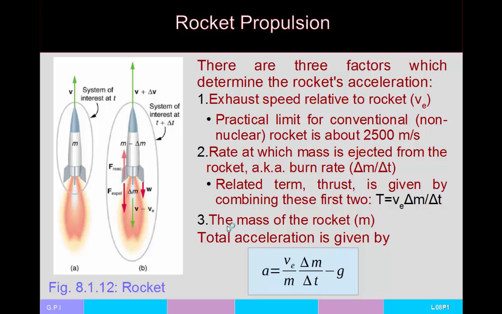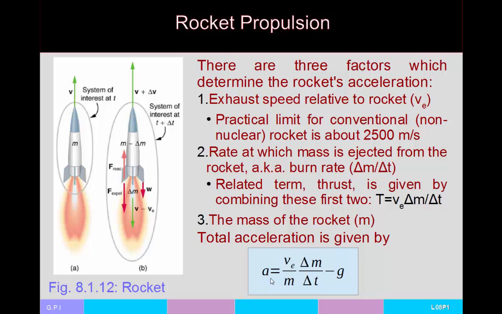And then the last thing that has some effect is the total mass of the rocket. The total mass of the rocket is given by, say, M. And so as some fuel is being ejected, then the mass of the rocket that's actually moving forward is whatever the initial mass was minus the mass of the fuel that has been ejected.